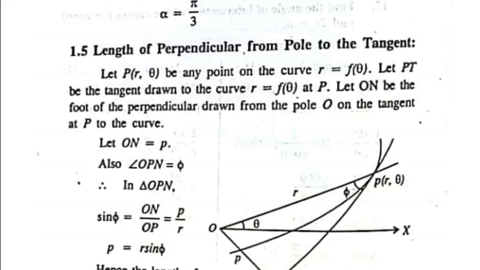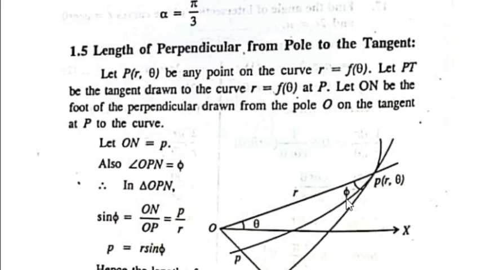Now to find the length of the perpendicular, let ON is equal to P. Now observe that triangle OPN is a right angled triangle. Now from this triangle we write sin phi as ON by OP. So sin phi means opposite by hypotenuse.